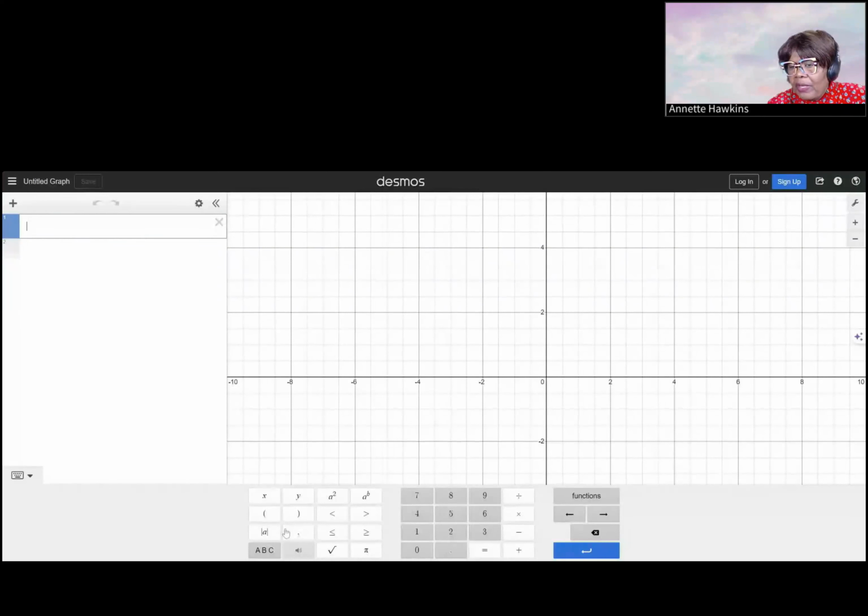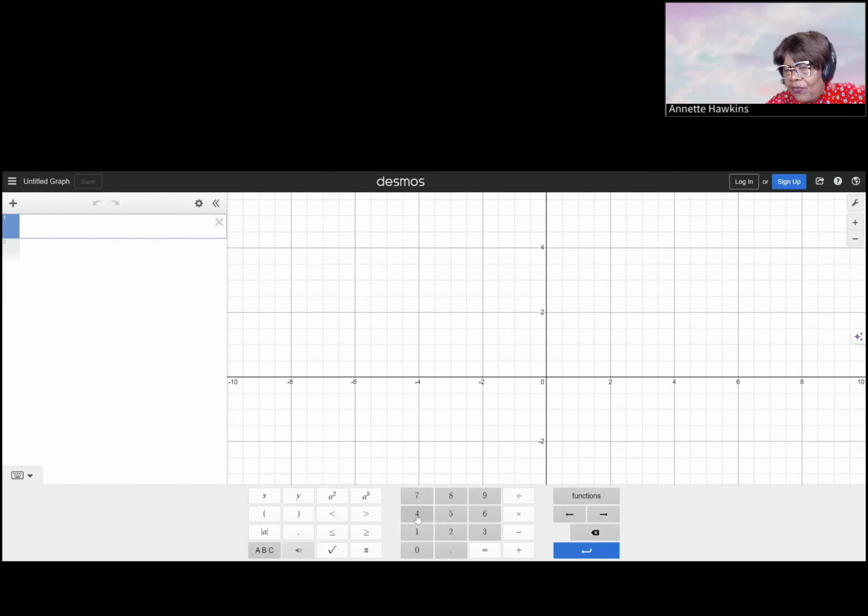So here is the Desmos calculator, and we want to change 4/7.